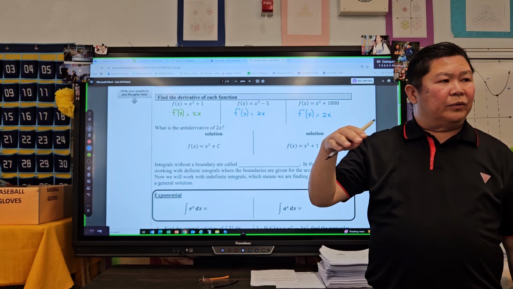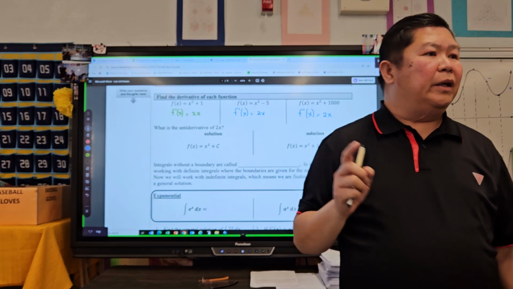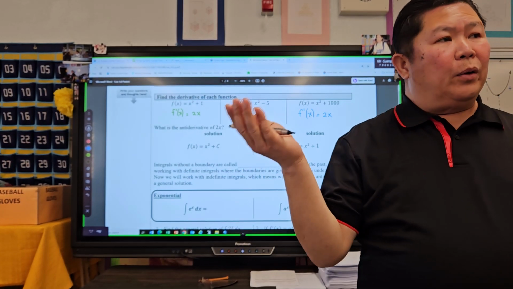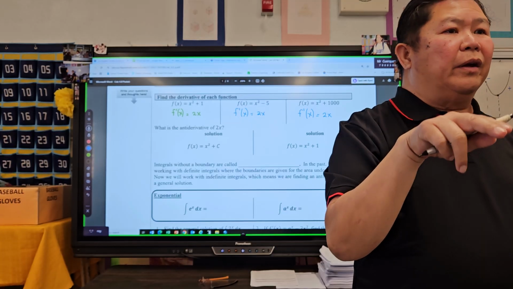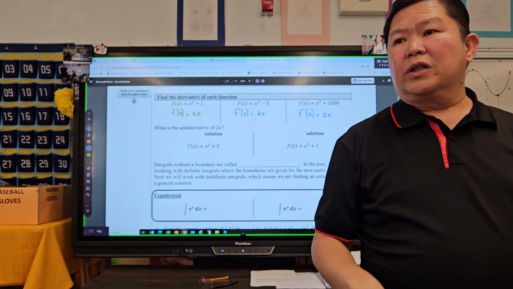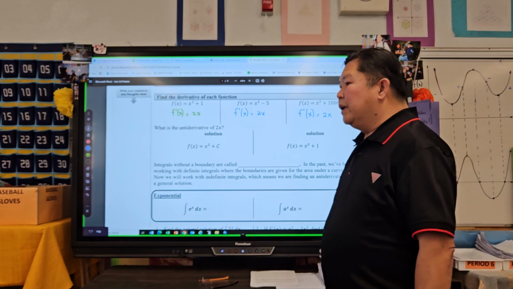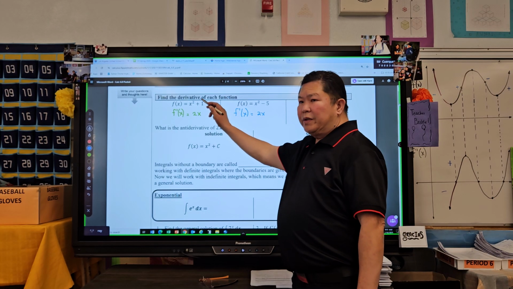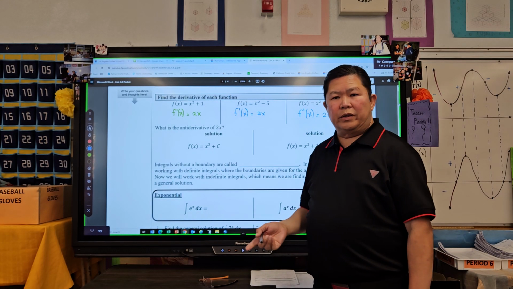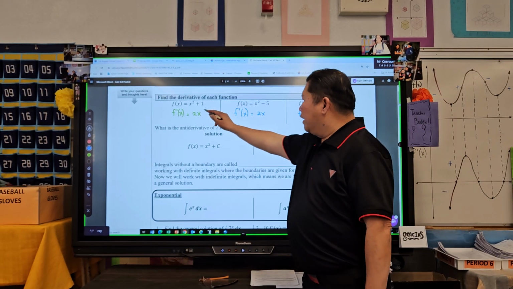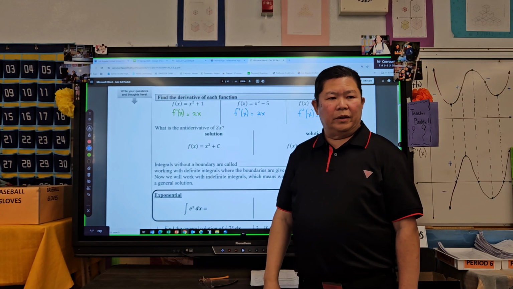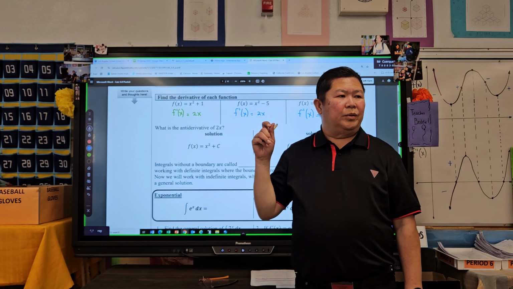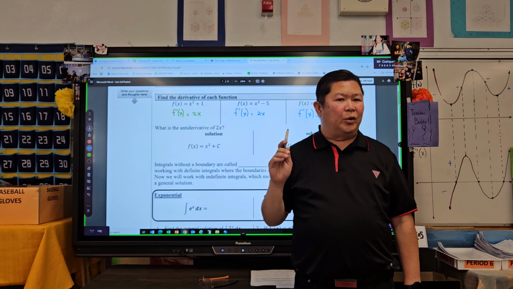So derivative rule, the power is written in front as a coefficient of variable x, and then the power decreases by 1. Since the power is 2, 2 minus 1 is 1, so we don't have to put 1 anymore as the power. Any questions?